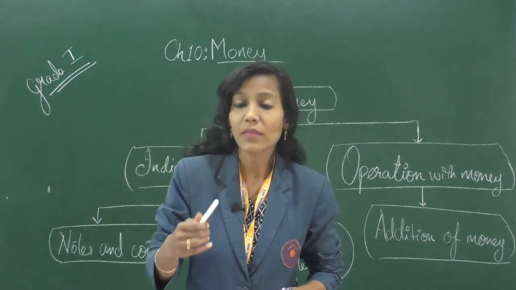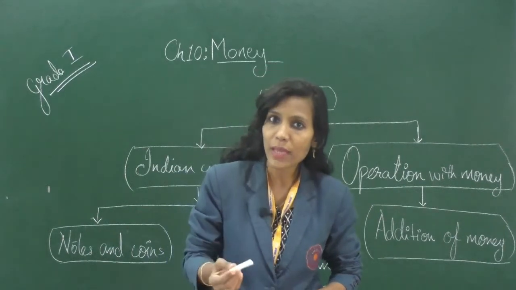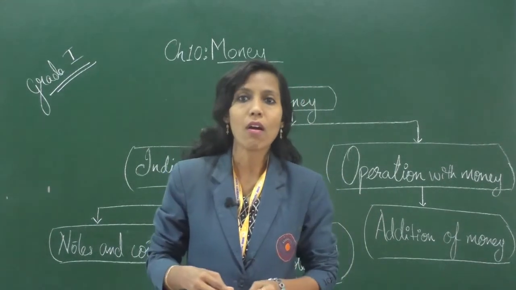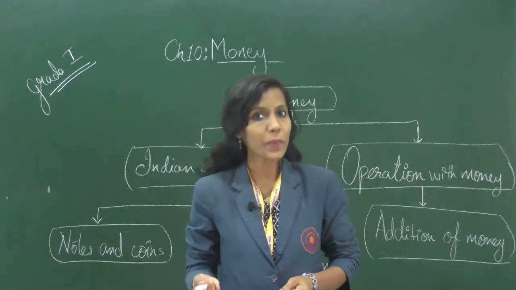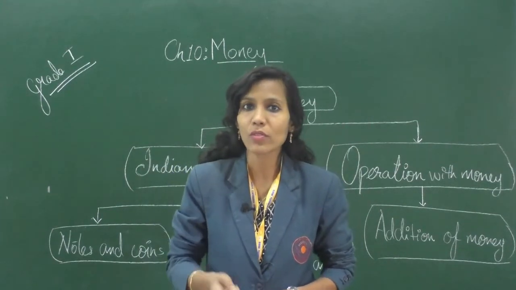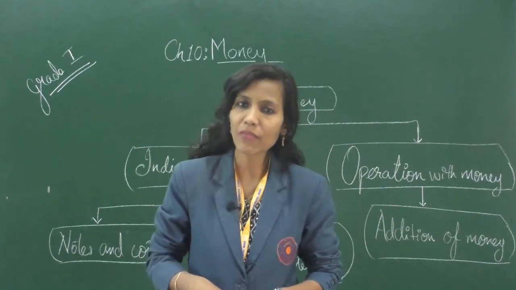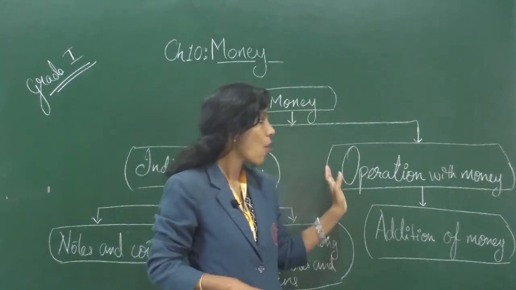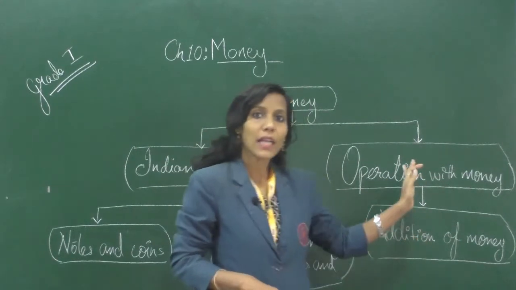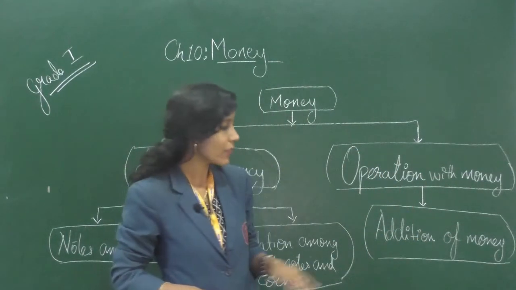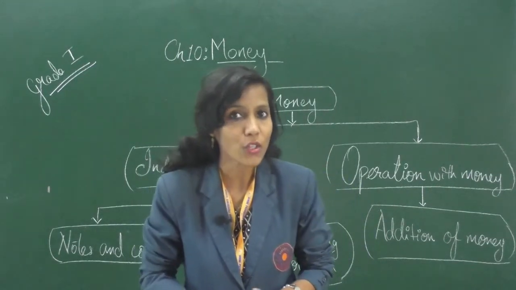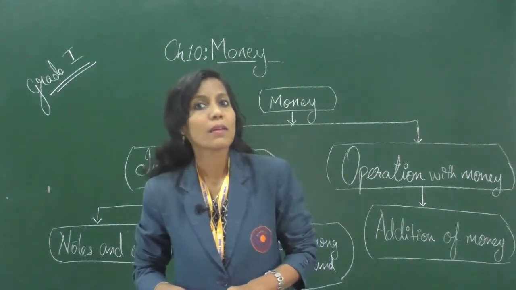Both of them had the same value, be it coin or note. A 2 rupee coin or a 2 rupee note both have the same value. Now our next topic is operation with money. Under operation with money we will be doing addition of money. So let's see how we add money.